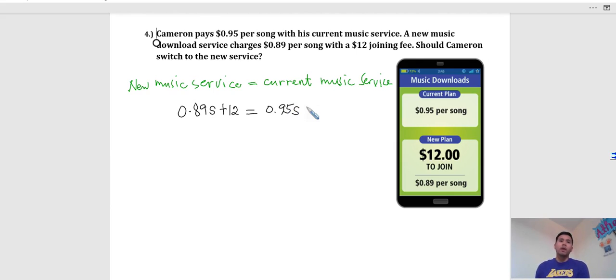Okay, so the next step is we are going to solve the equation to find the number of songs at which the cost for each option will be the same. So 0.89S plus 12 is equal to 0.95S. I'll just rewrite that. From here, I'm going to subtract 0.89S from both sides.